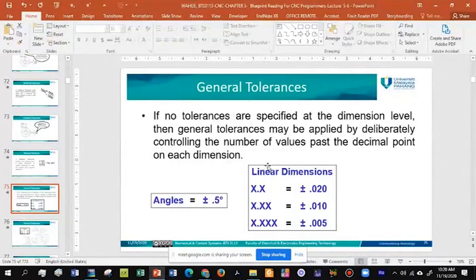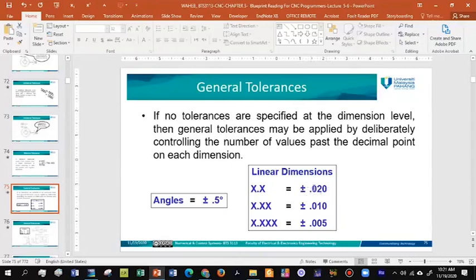So the general tolerance here is defined based on the dimension values. For example, if your dimensions consist of one decimal digit, like 1.2, 1.5, 6.7, 3.9, just one digit after the decimal point, they make its tolerance, for example, plus minus 0.02.